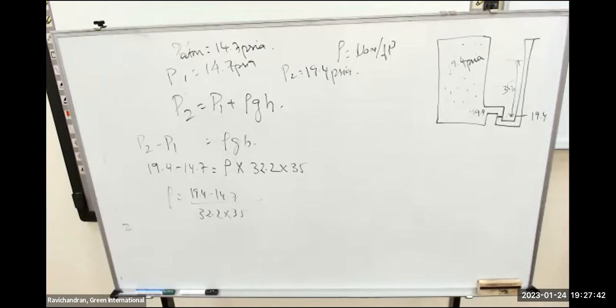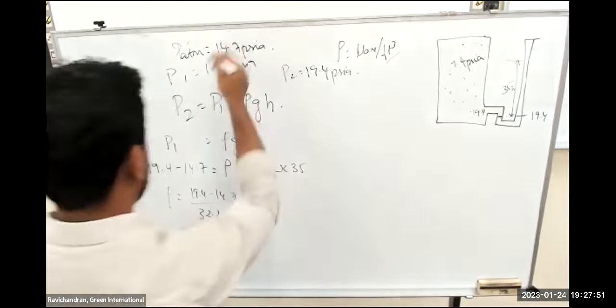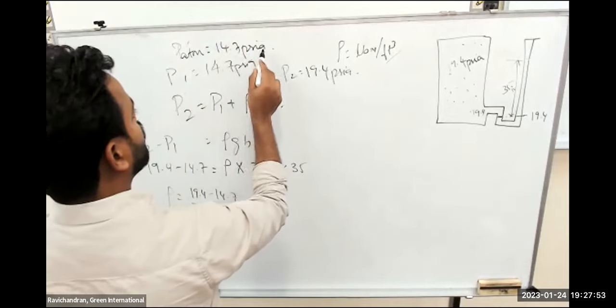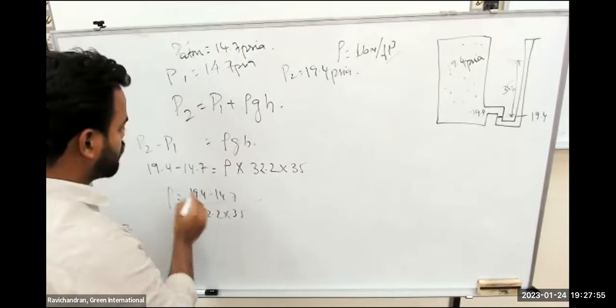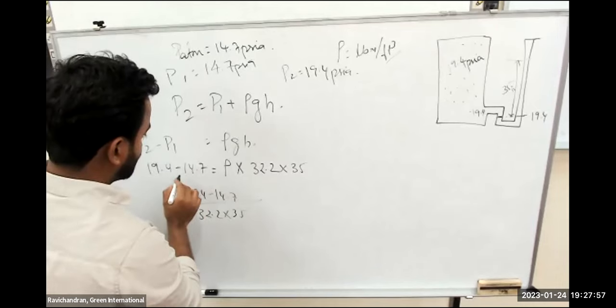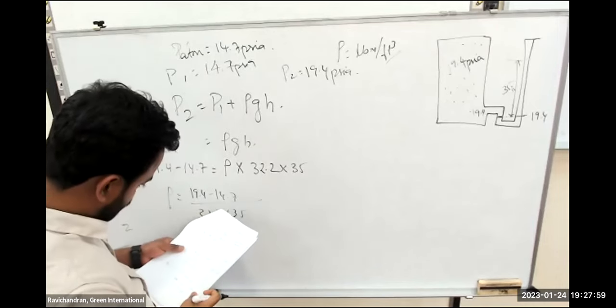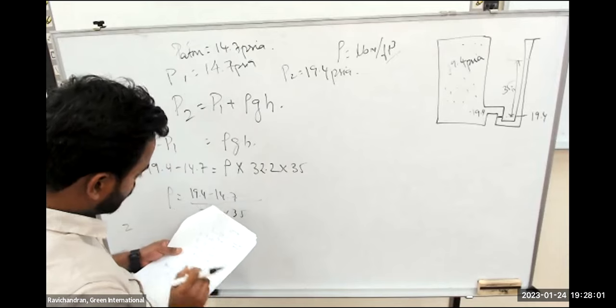So the inch we don't have to give. They are asking for the density in cubic feet. Okay, so we'll change psi, pound per square inch. Let's consider this also to be changed.